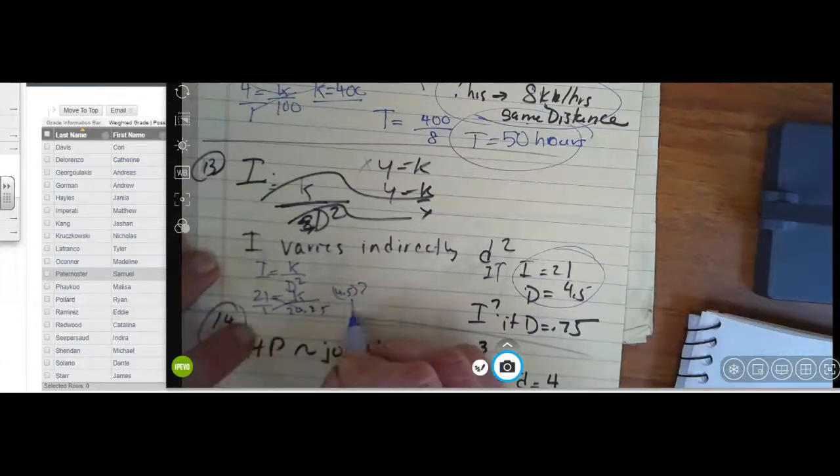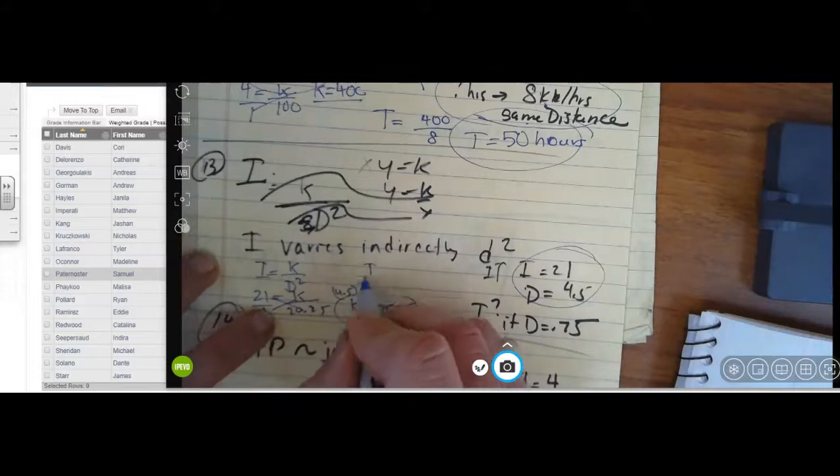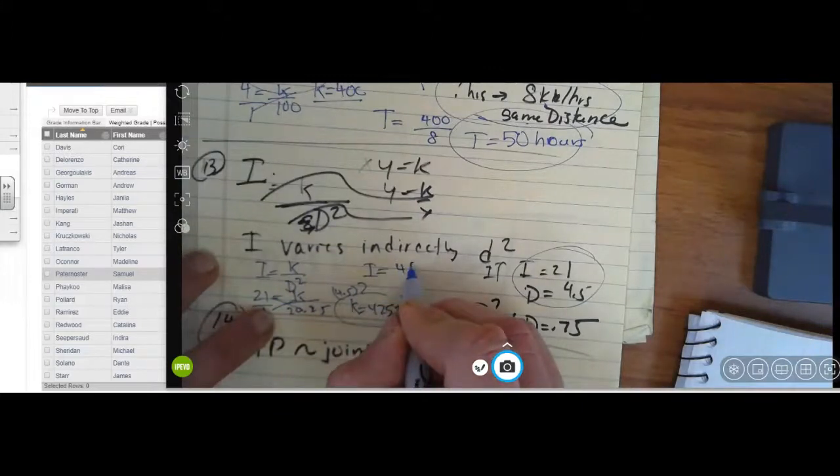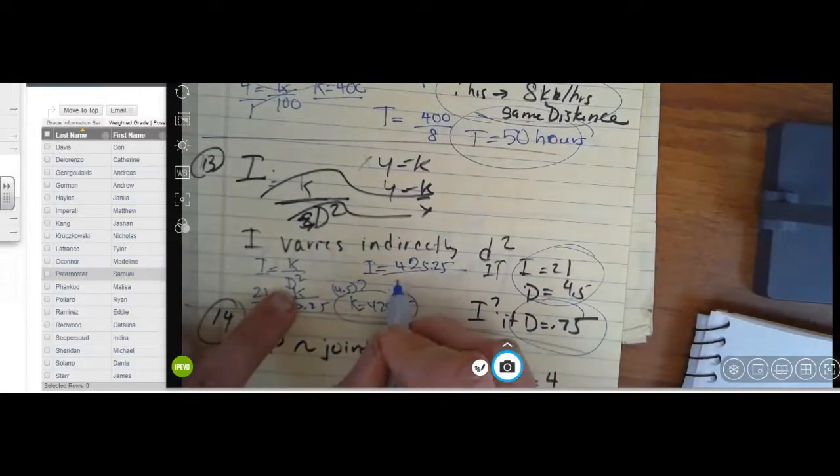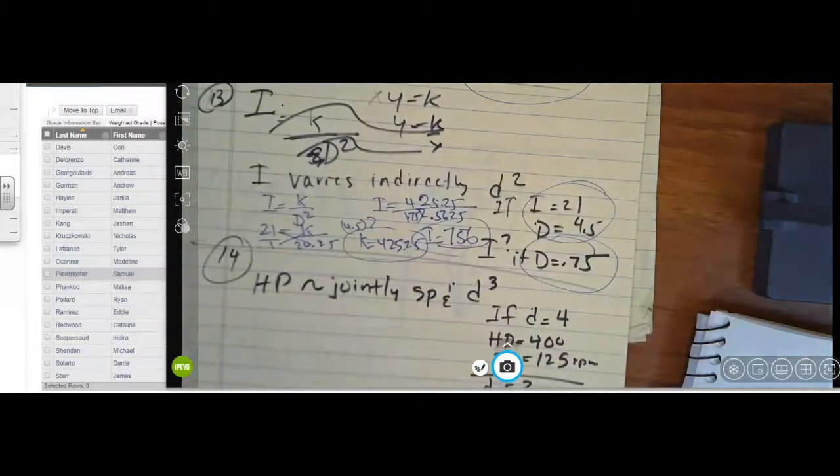You do cross products and you get k is equal to 425.25. And then you take that and you use the formula again. I is equal to, you put k back in, 425.25 over d squared with a new d right here, 0.75 squared. And that's equal to 0.5625. You divide that out, and you get a bigger number of 756. So I will equal 756.